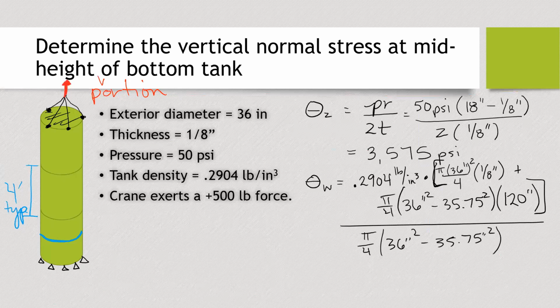See what you get there. What are we dividing that by for you? All of this weight of the tank is being supported here on this cross-sectional area, right? And so we're dividing it by that area of the tank at that point to figure out what the stress is.